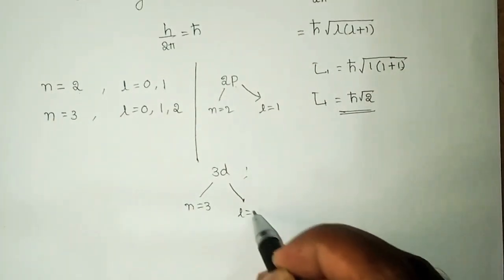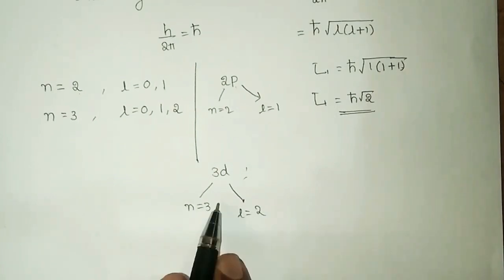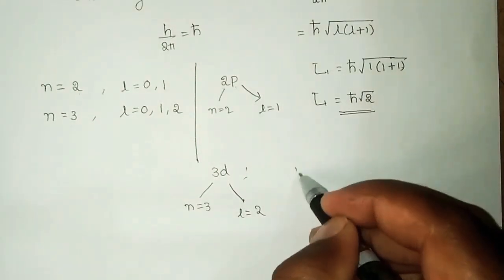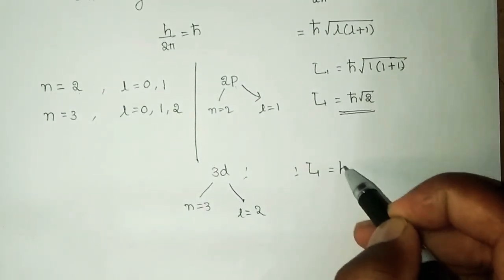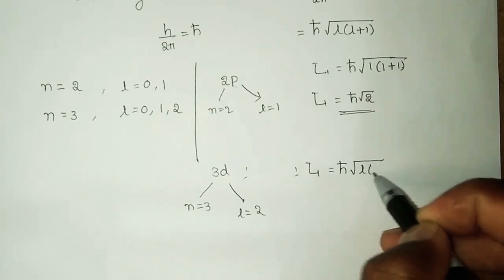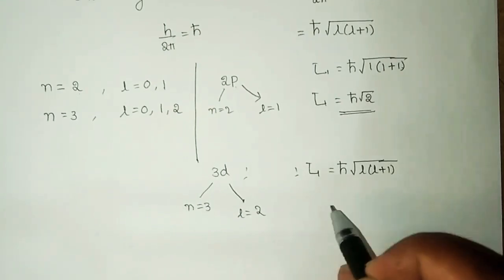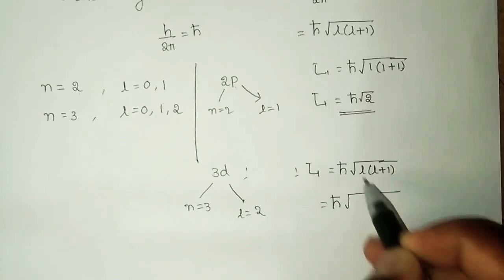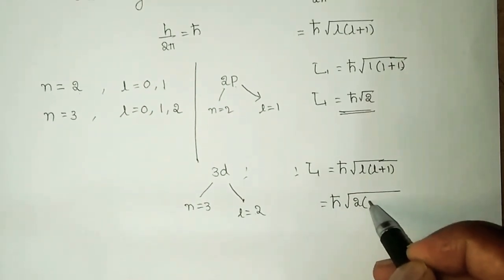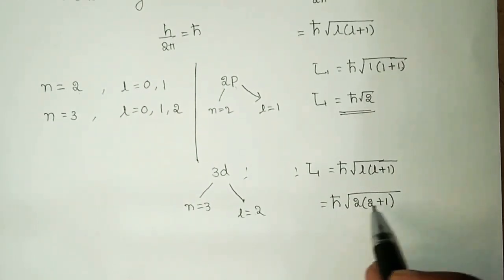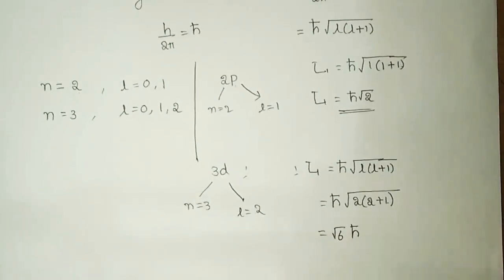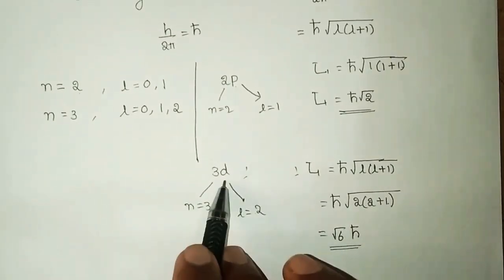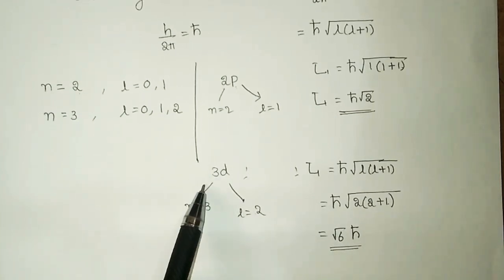So l is equal to 2 for the d subshell, and for this we can calculate the orbital angular momentum, which has the formula h cross into square root of l into l plus 1, and the value of l is 2, so 2 into 2 plus 1. So 2 plus 1 is 3, 3 times 2 is 6, so root 6 into h cross, that is the orbital angular momentum value of the electron present in the 3d subshell.